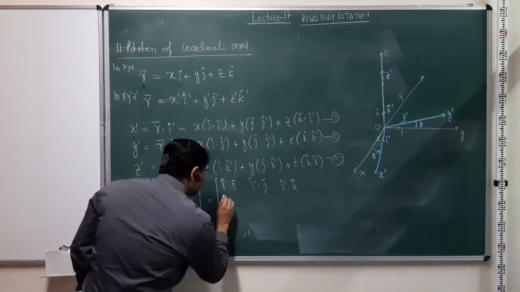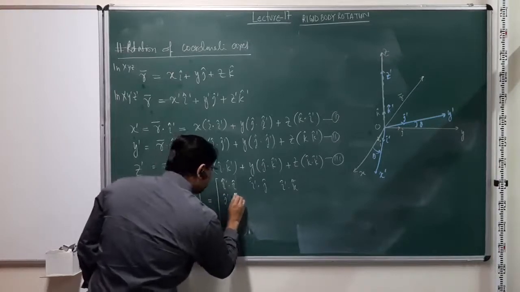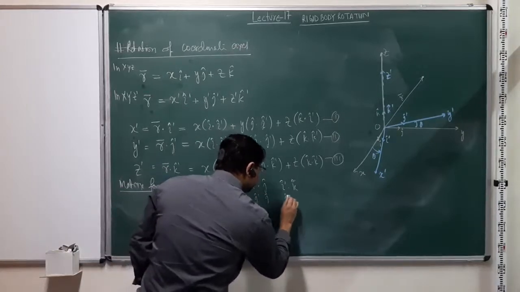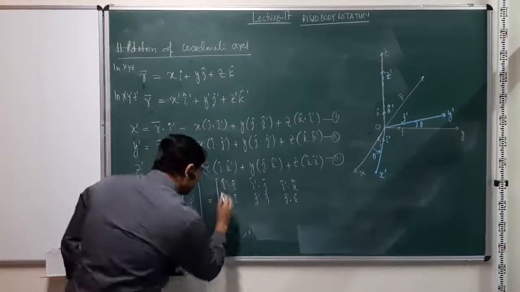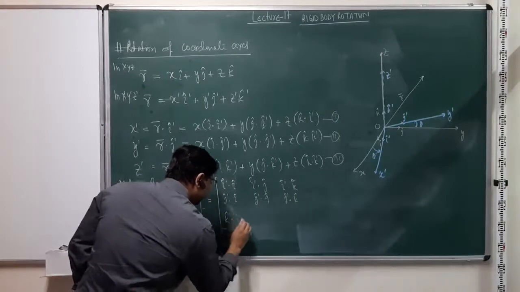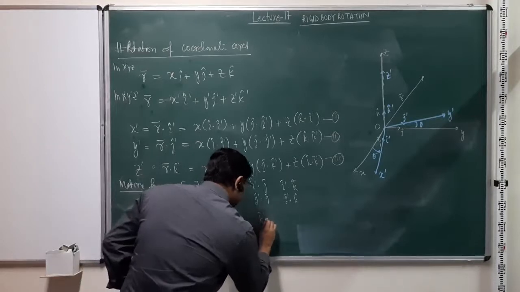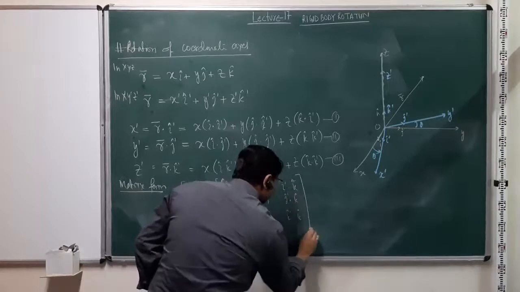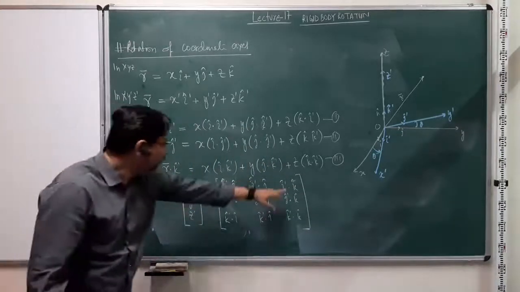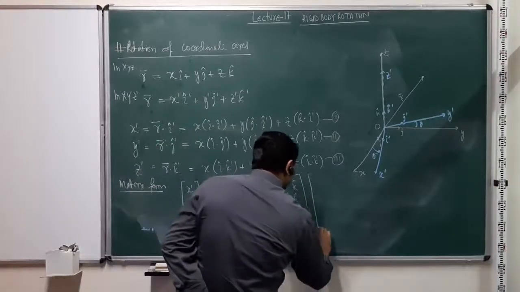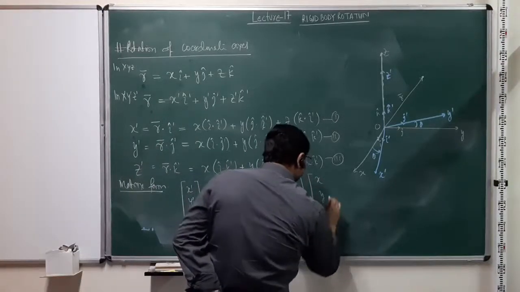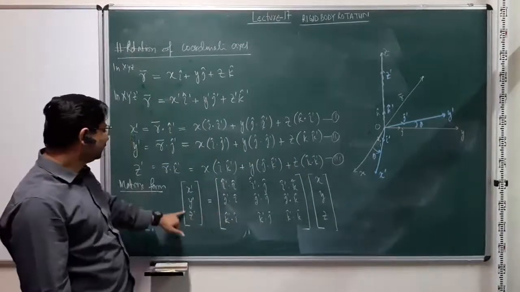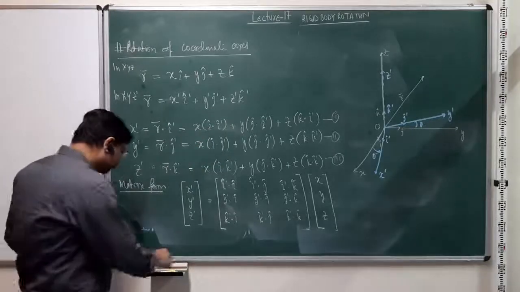So now j cap prime dot i, j cap prime dot j, and j cap prime dot k, and similarly k cap prime dot i, k cap prime dot j, and k cap prime dot k. This 3 by 3 square matrix, where these are the 9 components, is multiplied by x, y, and z. And what will happen is, if we apply matrix multiplication on the right hand side, we will get these components exactly in this fashion. Right?